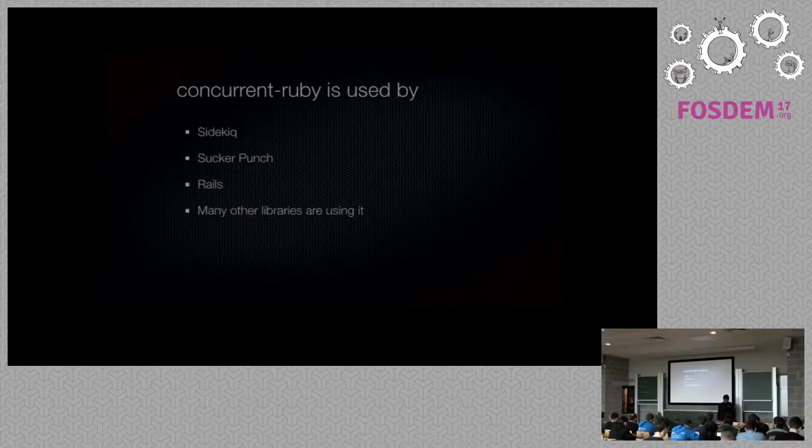Sidekiq, Sucker Punch and Rails use concurrent Ruby, and hopefully many other libraries start using it instead of raw threads. Previously Rails used threads and added sleep, which was a bad way of doing concurrency. But now with concurrent Ruby we can do better concurrency without bugs, and handle concurrency issues in a better way.